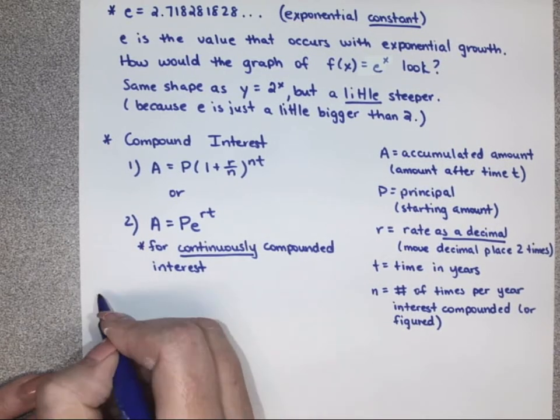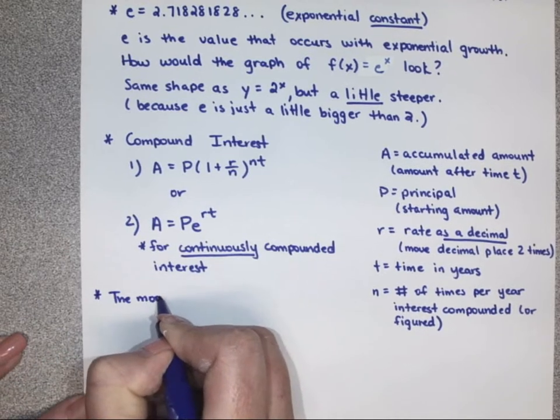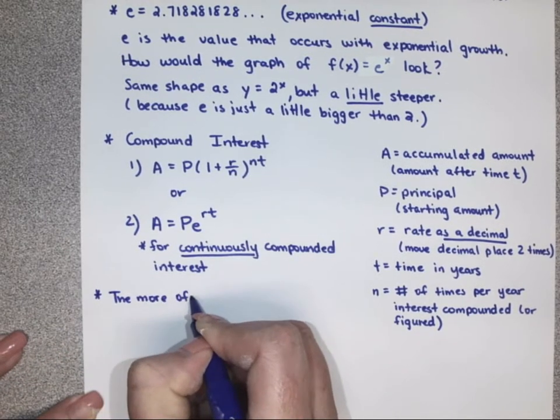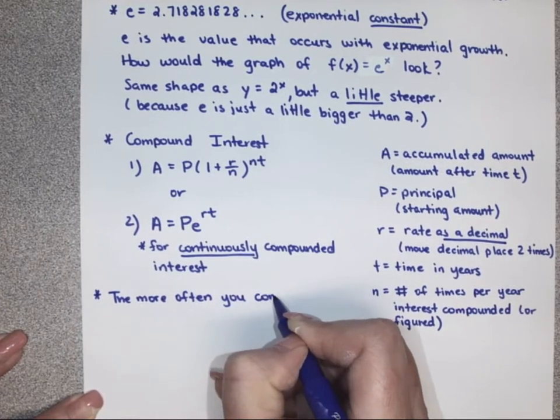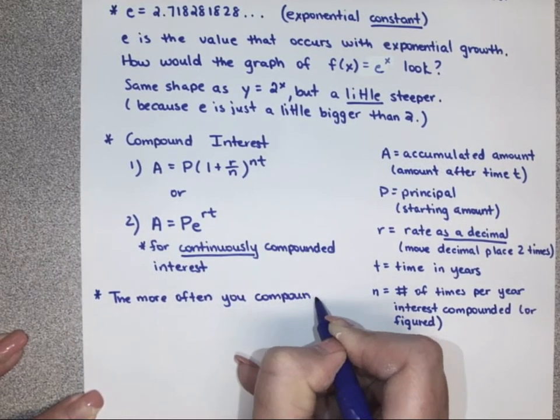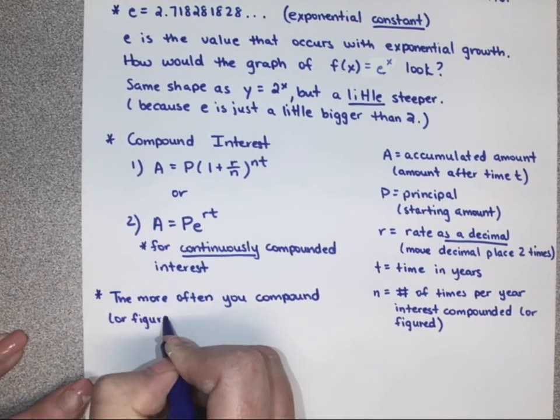So before we look at some examples here, you are going to need your calculator. If you have it, go ahead and get that out. But here is a general principle of finance. The more often you compound or figure interest, the more money is earned.